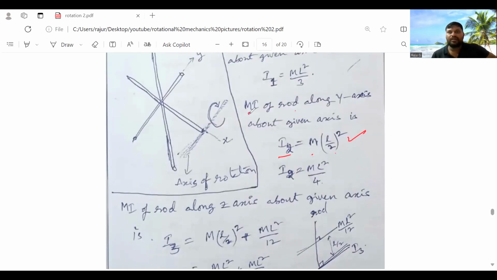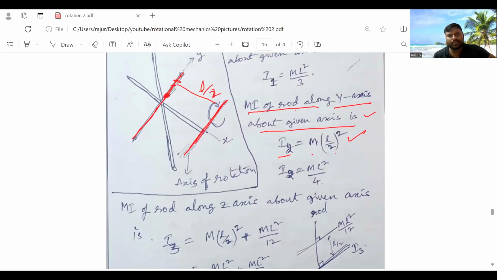Now we will find the moment of inertia of the rod along the y-axis about the given axis. See here, this rod along the y-axis is parallel to the given axis. If you consider a small element, it is at a distance L by 2 away from the axis.